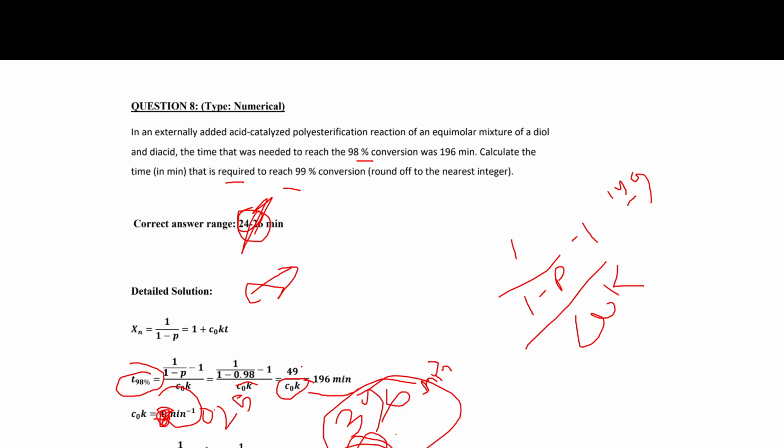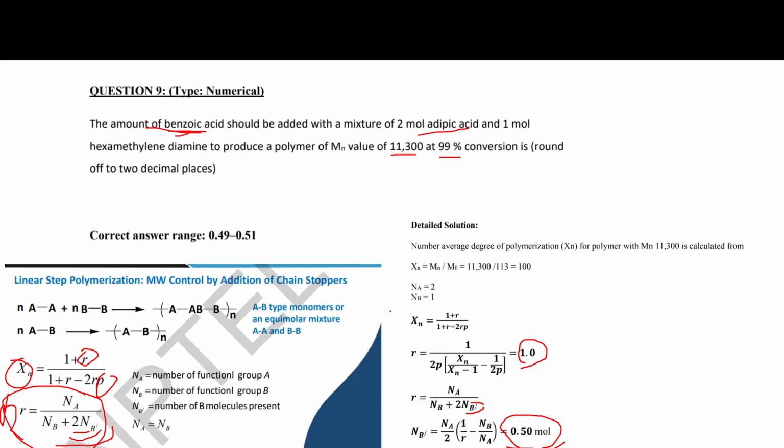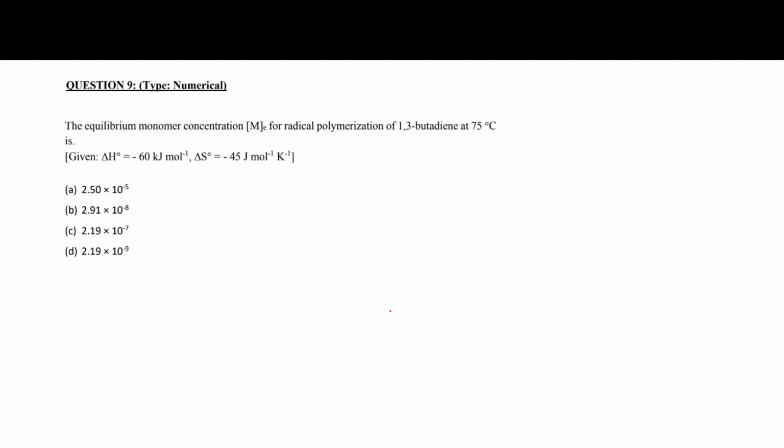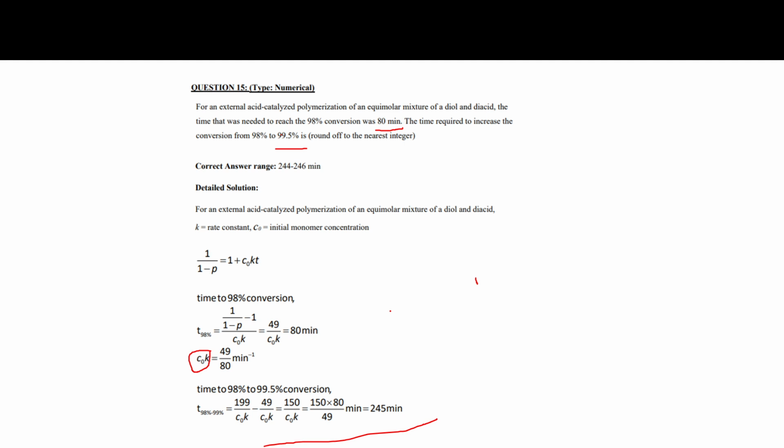Now the C0K value. The given data is 80 minutes at 98% conversion. So 1 minus 0.98 is 0.02, and 1 divided by 0.02 is 50, minus 1 is 49.